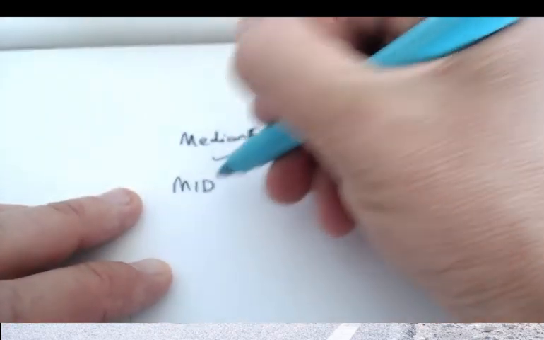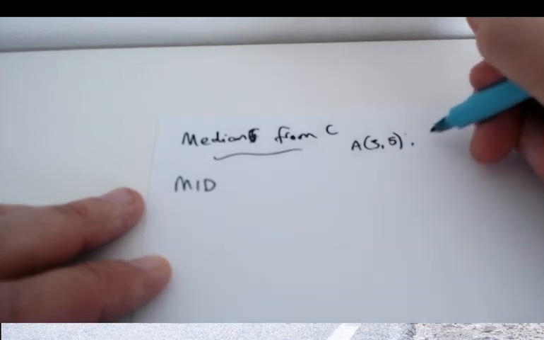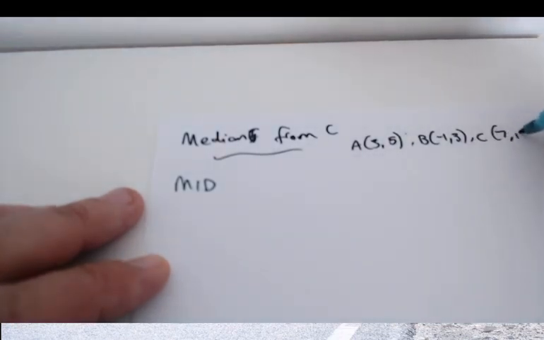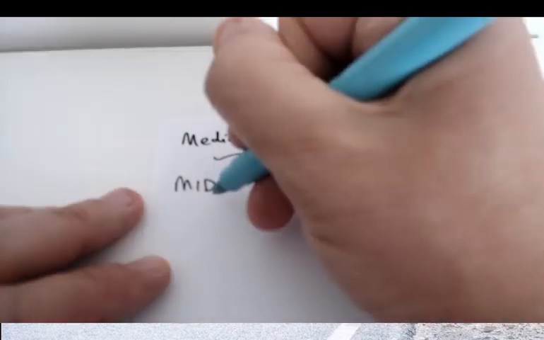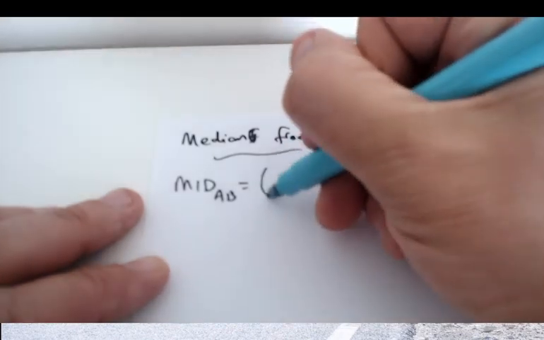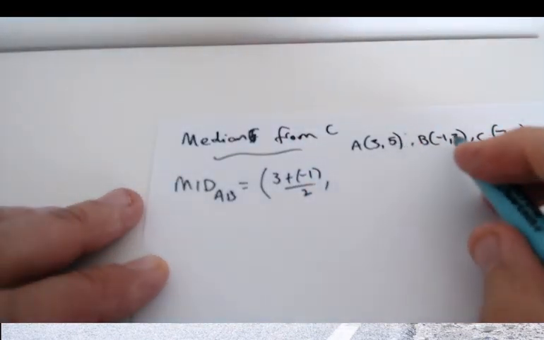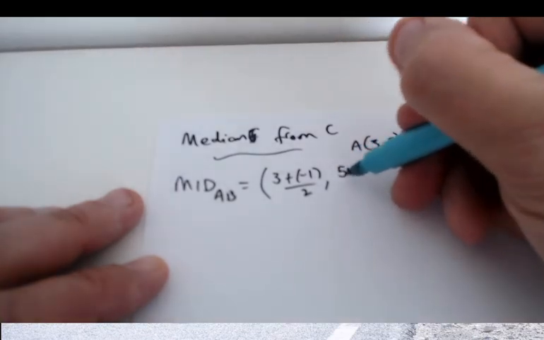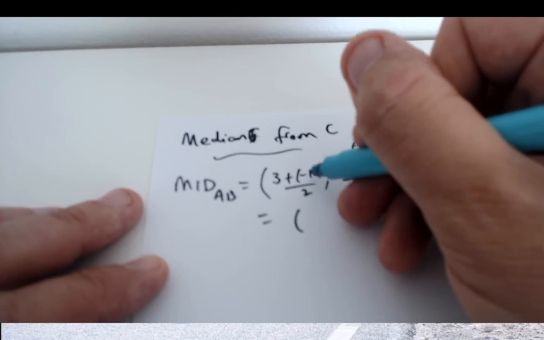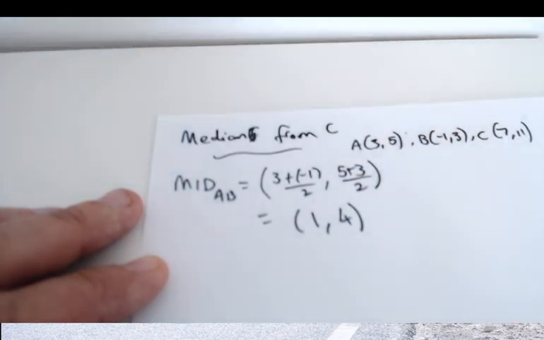So the midpoint of AB, I'll remind you, A was the point 3, 5, B was the point minus 1, 3, C was the point 7, 11. So the midpoint of AB, add together the x coordinates and half it, add together the y coordinates and half it. That's going to give me 3 add minus 1 is 2, 2 divided by 2 is 1, 5 add 3 is 8, divided by 2 is 4, so the midpoint is 1, 4.